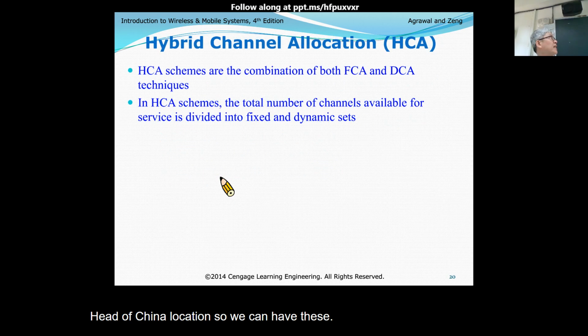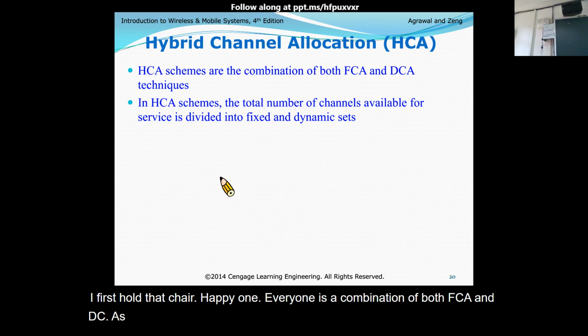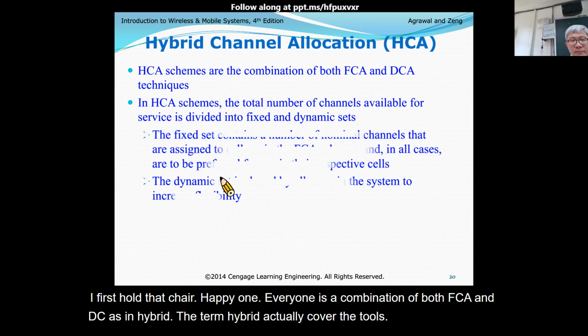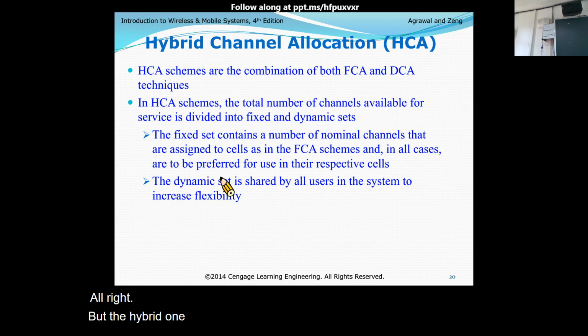And first of all, let's check the hybrid one. Hybrid one is a combination of both FCA and DCA. So I think the term hybrid actually covers the two. But for the hybrid one, we have a factor to determine.